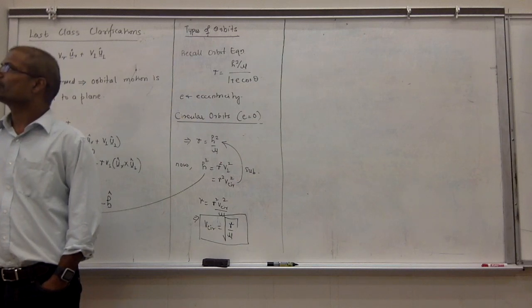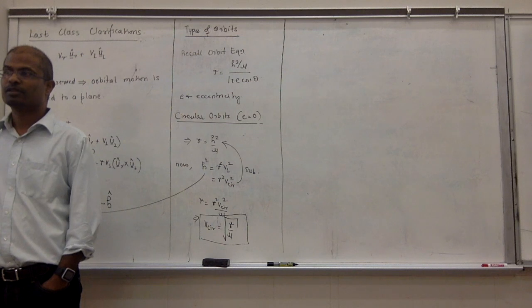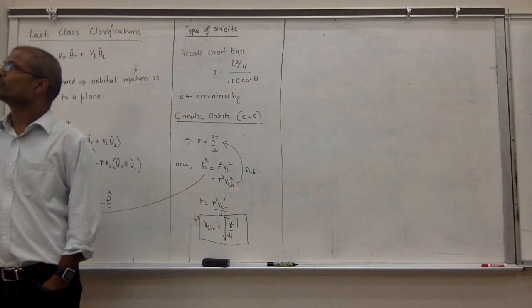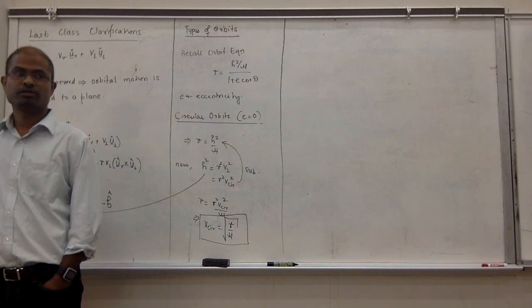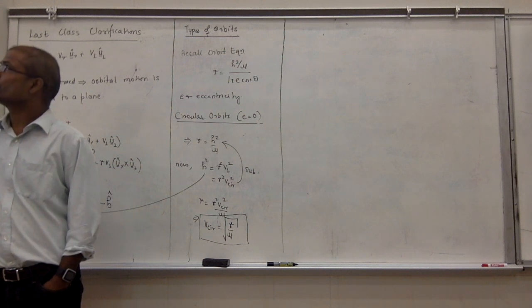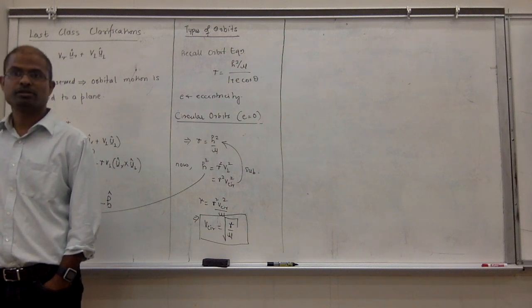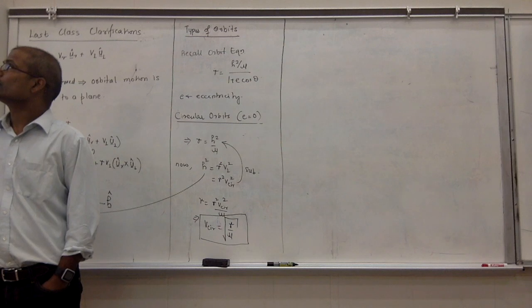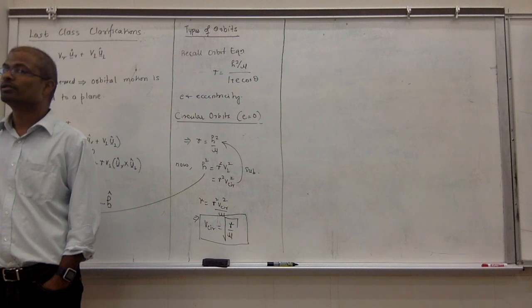So if you look at this, which law is this? Newton's second law. Newton's universal law of gravitation. We started with this and we arrived at this. What is this? Kepler's first law.